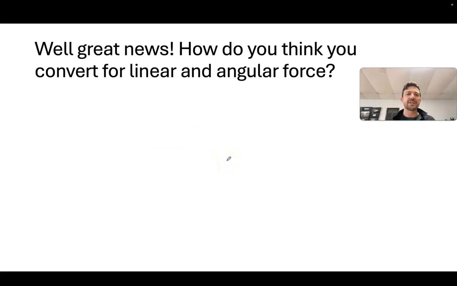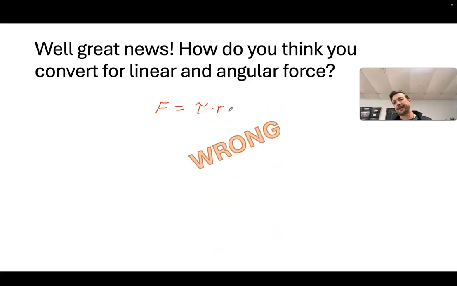So, based off of that, how do you think you could convert between angular and linear force? If you have linear force and you want angular force, which is torque, what do you think you're going to do? Okay, I know you guys are all going to say multiply by r here, which is wrong. I know.